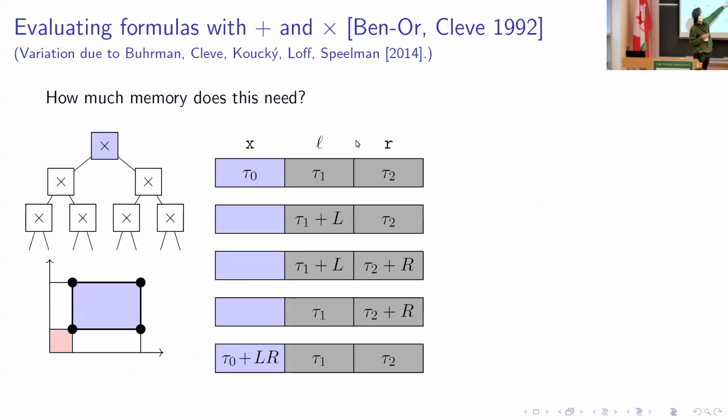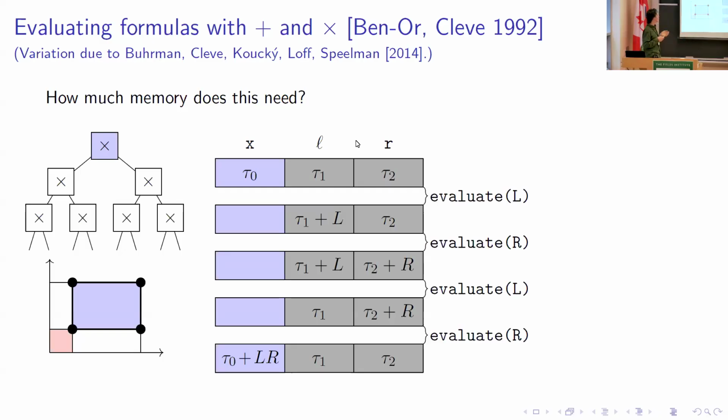So first we add the left child to the L variable, then we add the right child to the R variable, and so on. The X variable gets a little bit more complicated, so I've left that one blank until the very end, when X has its original value, tau 0, plus the answer we wanted, which is L times R.